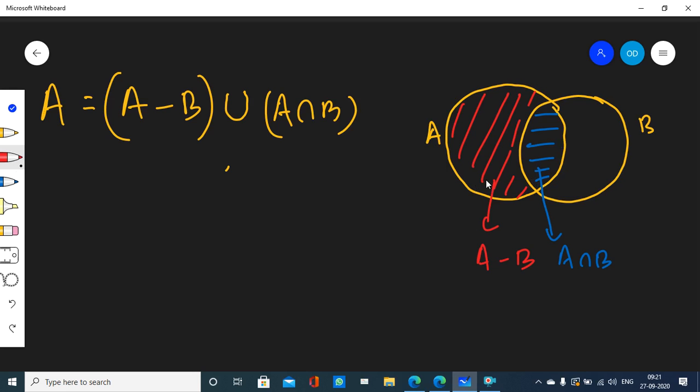One more important thing: do you also see that this red and this blue have nothing in common? Nowhere are they overlapping, right? That is to say, A minus B and A intersection B are disjoint sets.